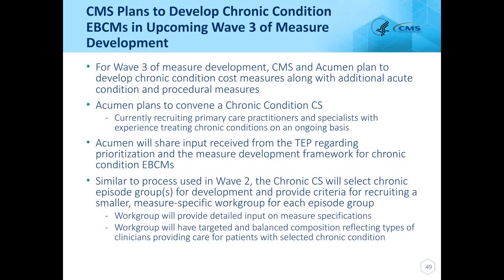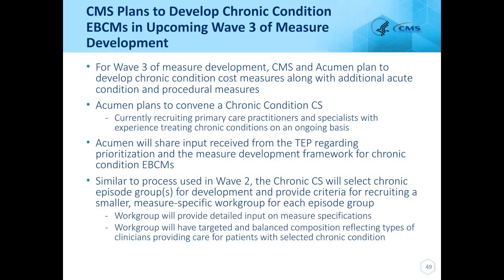So we are currently in a nomination period for Wave 3 of measure development. We're convening committees. So for the first time, we're convening a chronic condition subcommittee, as well as 3 for developing acute and procedural measures. These are dermatologic disease management, general and colorectal surgery, and hospital medicine.